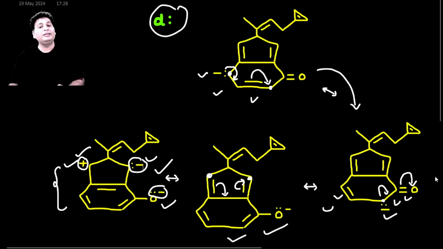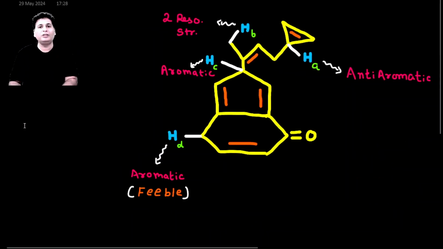However, in the D option, you had to create more formal charges, then you got the benzene ring in the system. So taking all these features into account, I have finally in the final slide taken all the pros and cons, and you can recapitulate the things we have done.